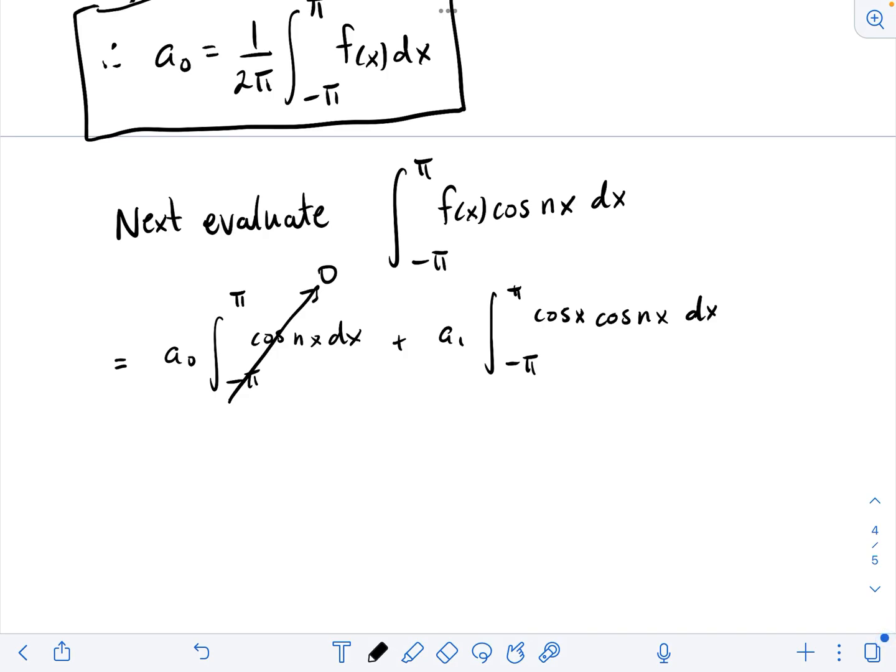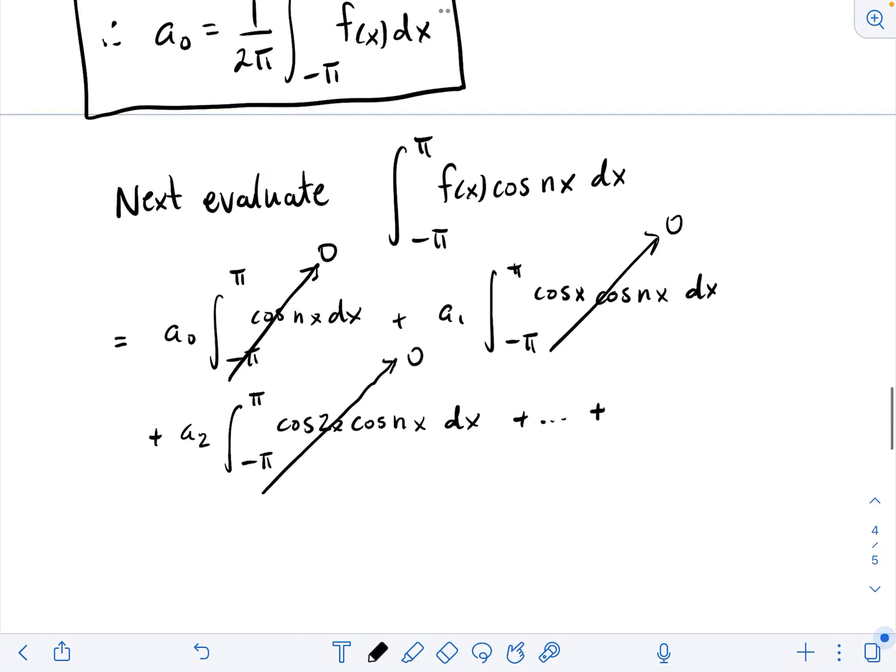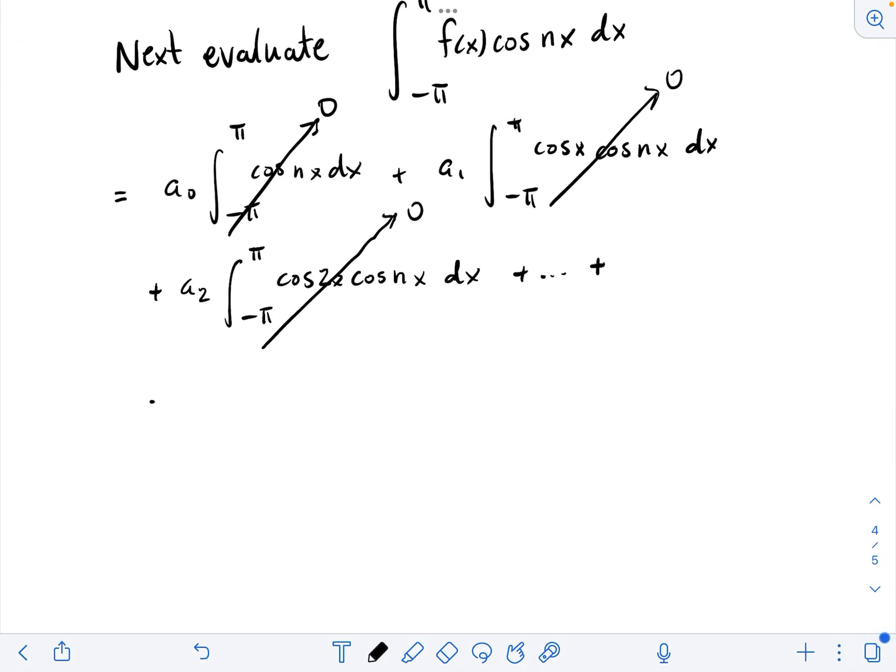And then we'd go to a2, we'd have integral from minus pi to pi of cos 2x cos nx dx. And so this is like an m equals 2 and an n, let's say, not equal to 2, and that's going to vanish. And we'd have a whole bunch of more vanishing terms until we finally got to the n coefficient.